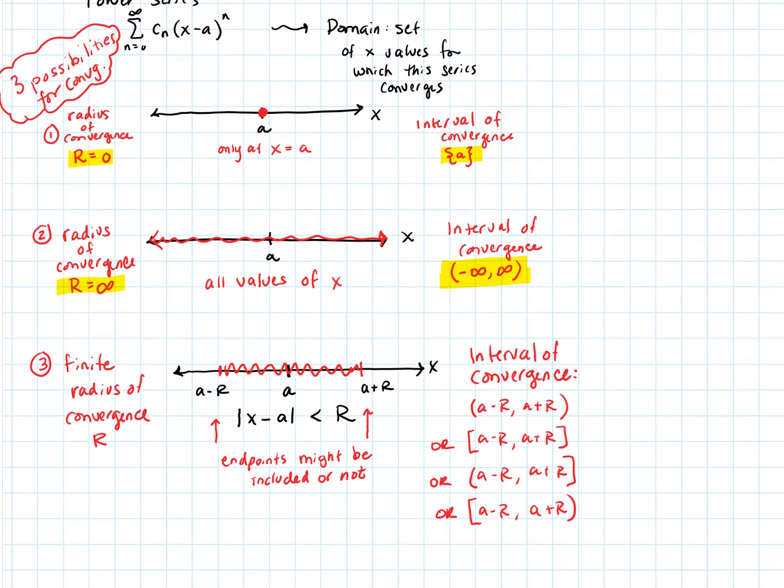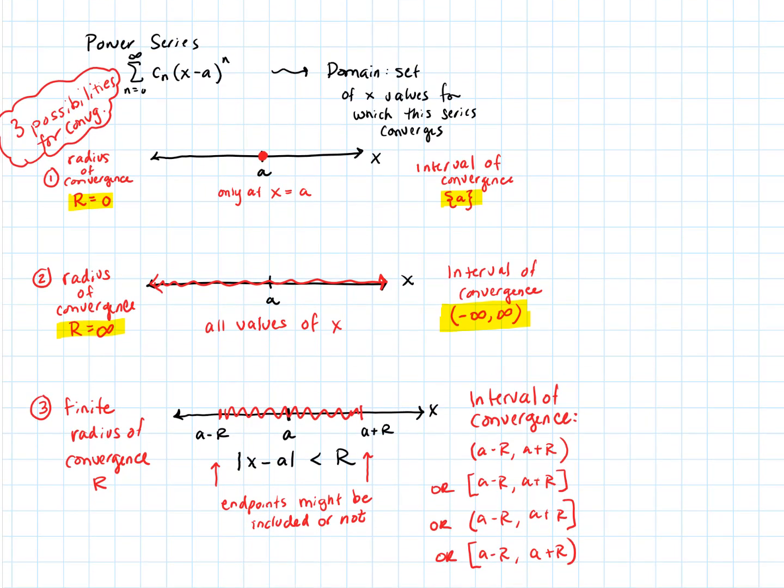Now, the third possibility, of course, is that we have actually a finite radius. So we have some radius, we'll call it r, and some r value where we can go r to the right and r to the left of our center point, and we can find convergence. That gives us actually four possibilities for the interval of convergence, because what we don't know if we have a finite value is whether the endpoints will converge.